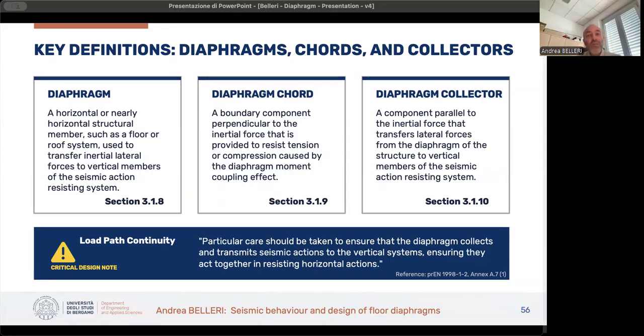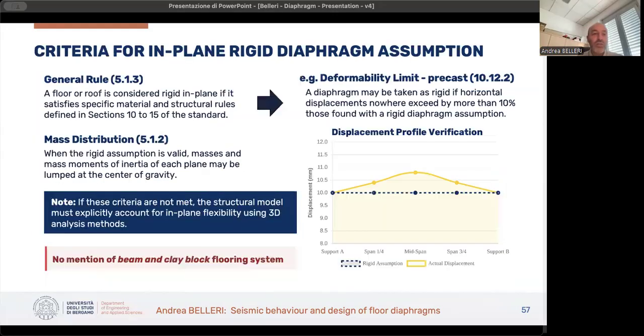There is a particular indication of considering load path continuity, which is important to ensure that both the vertical load resisting system and the diaphragm act together in resisting the horizontal actions. And there is also indication related to how to consider the diaphragm rigid or not.